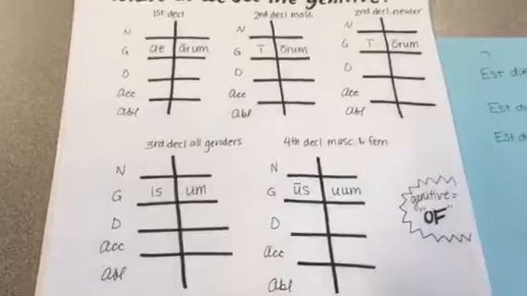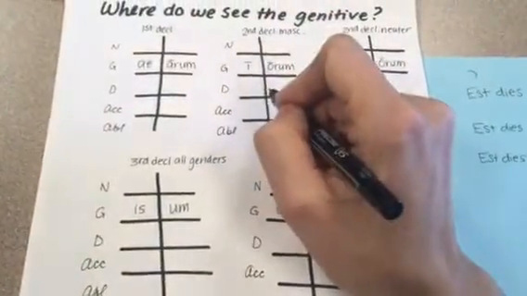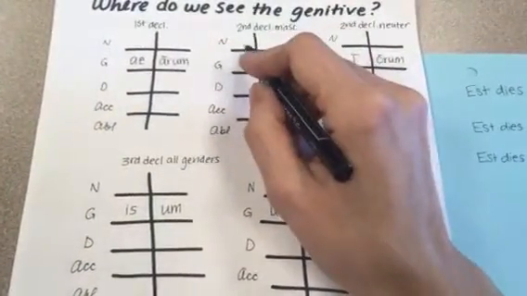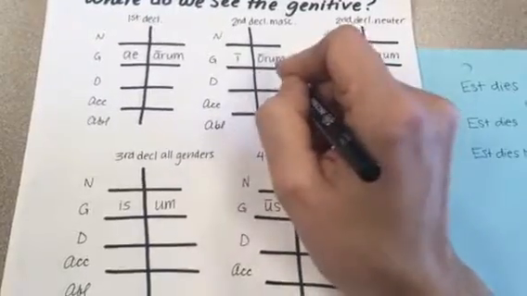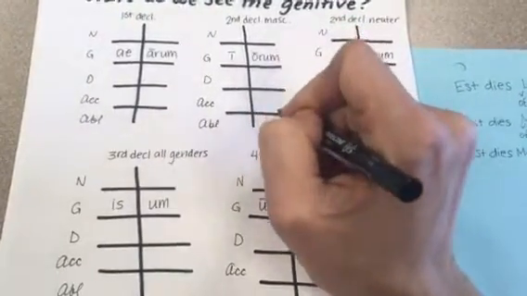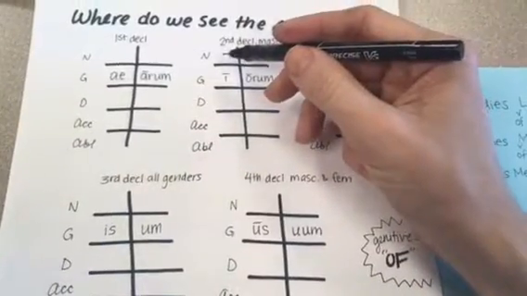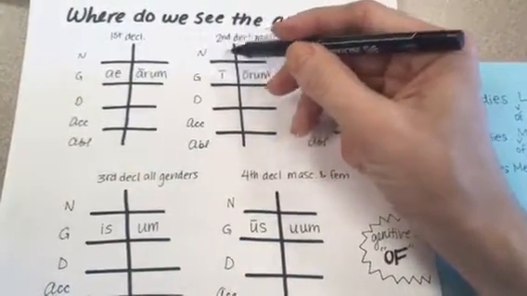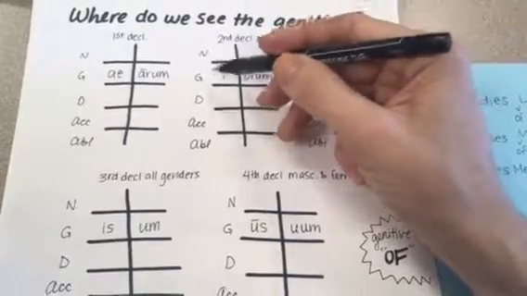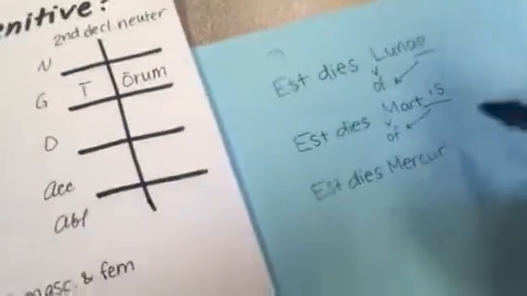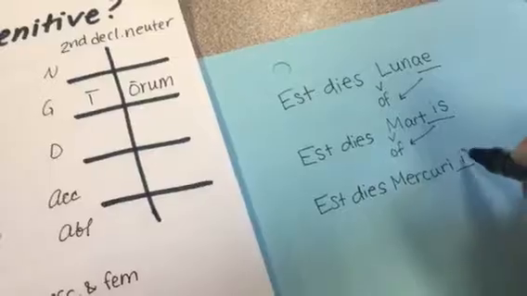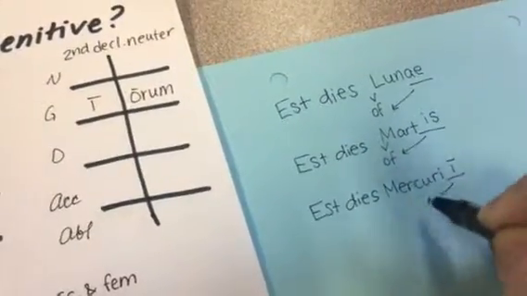And that is second declension, masculine. Because it goes us, e, o, o, e, orum, is, os, is. So now we want to follow this chart and find our genitive. So it would be us in this part, which means genitive is i. It is the day of Mercury.